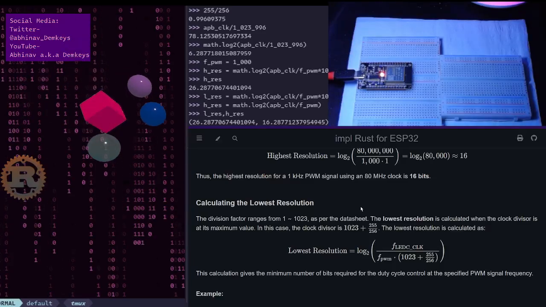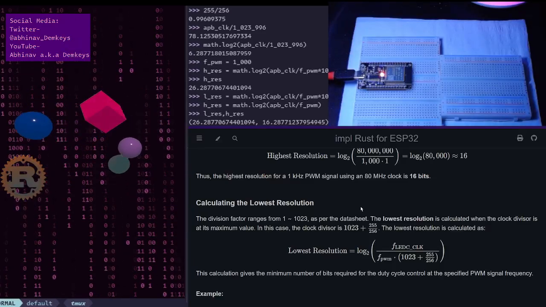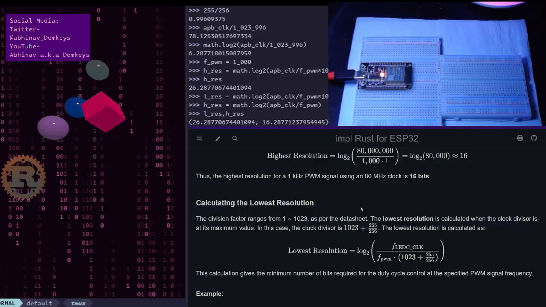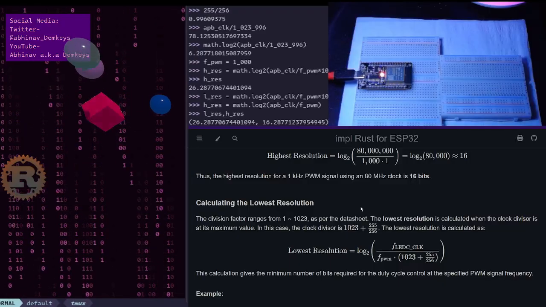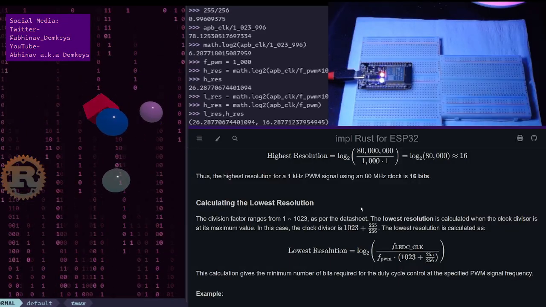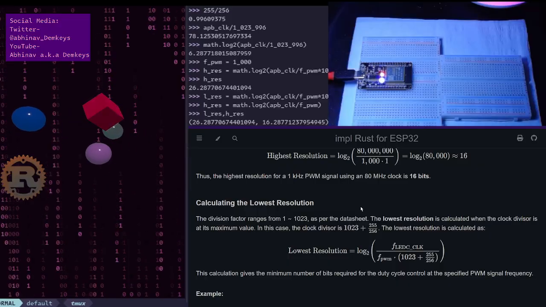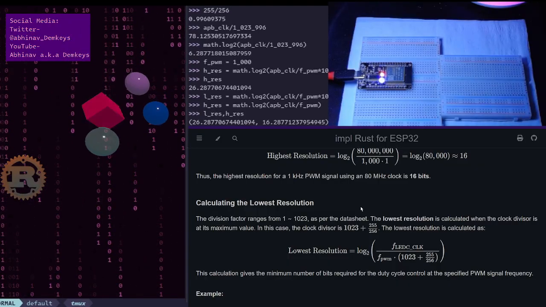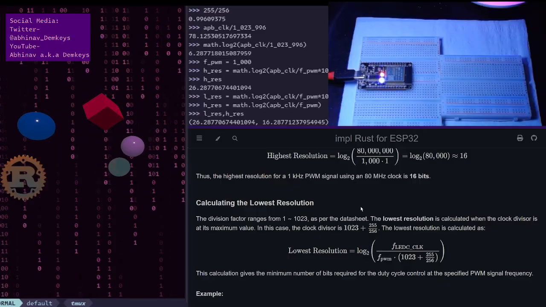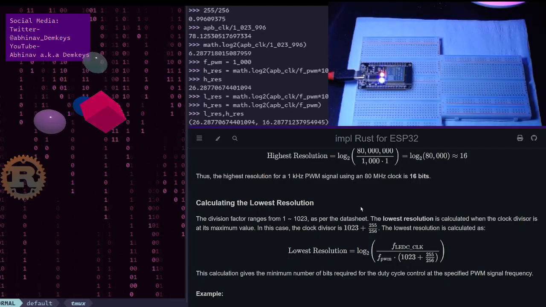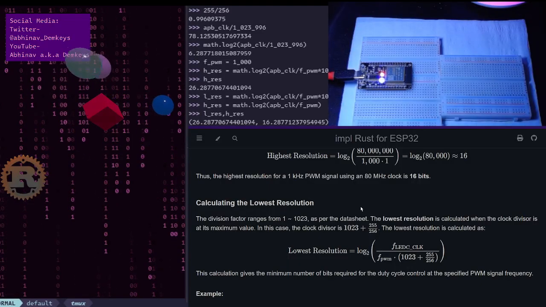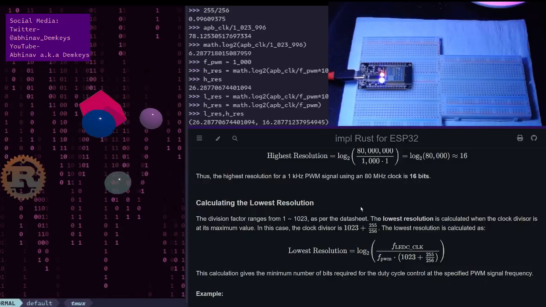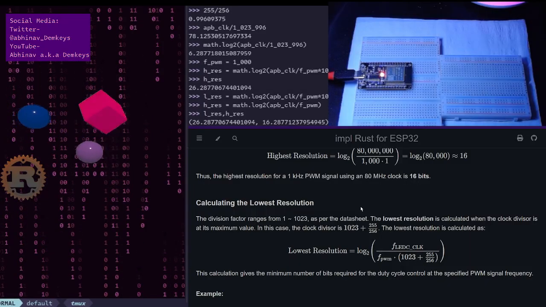But here's the logical correction. Highest resolution in your formula refers to the theoretical maximum bits you can achieve. The misunderstanding: if you calculated a value of 26, you are likely looking at the hardware limit for very low frequencies. However, if you increase the PWM frequency, the math forces that bit depth down.